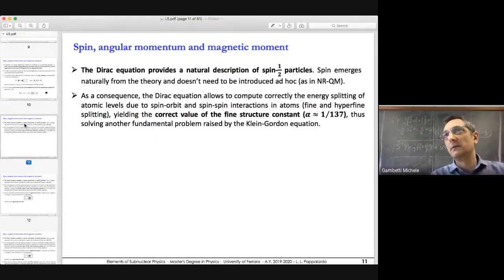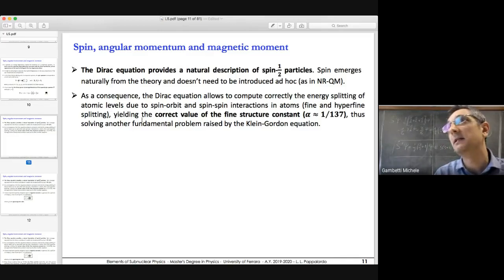Okay, so as I was saying before, the Dirac equation provides a natural description of spin 1/2 particles. So the spin emerges naturally from the theory and doesn't need to be introduced ad hoc as in non-relativistic quantum mechanics. Now, a very nice consequence of this is that the Dirac equation allows us to compute correctly the energy splitting of atomic levels due to spin-orbit and spin-spin interactions in atoms, which corresponds, as you know, to the fine structure and the hyperfine structure of the atomic energy levels.